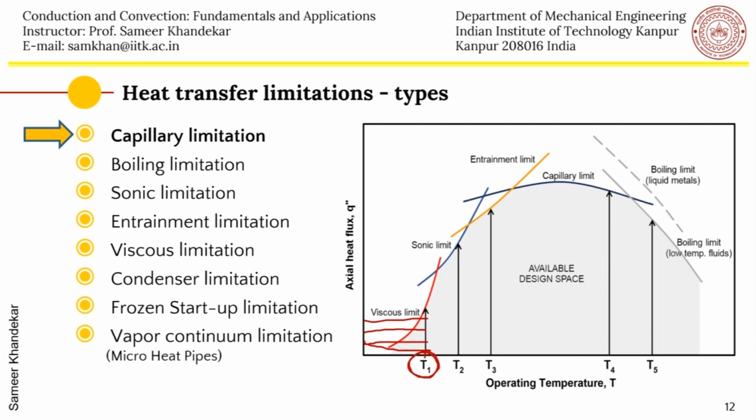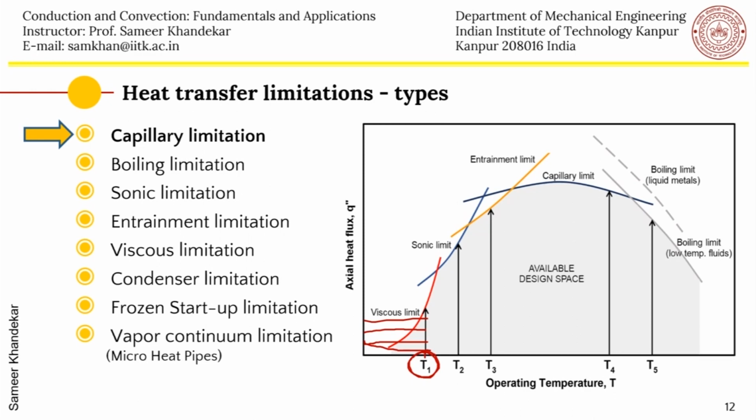Now, let us assume that we know the physics of why it stops, and there are certain correlations available which tell you that at a given operating temperature, what will be the maximum heat flux which the heat pipe will tolerate.